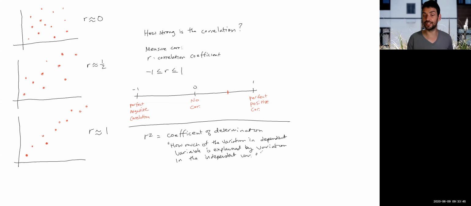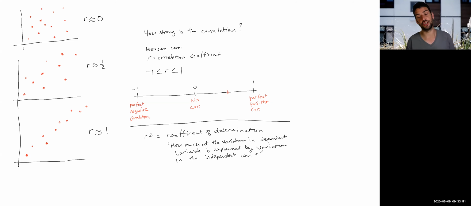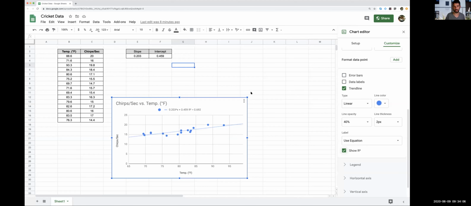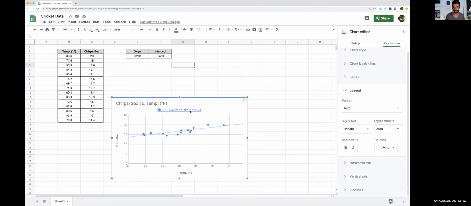You can think of it as a percentage. It'll be a decimal like 0.75 or 75%. And you could say 75% of the change is explained by temperature, the other 25% by other variables. So let's go back to that sheet, and notice here we've now shown r squared is 0.692.